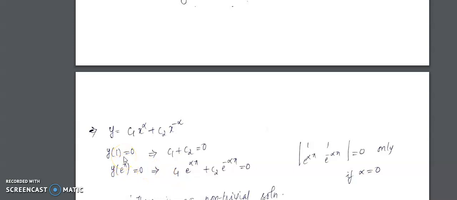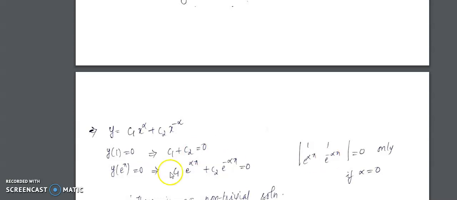y of 1 equal to 0: substituting x as 1, you will get c1 plus c2 equal to 0. And y of e^pi equal to 0 gives c1 e^(pi alpha) plus c2 e^(-pi alpha) equal to 0. Let us look whether it will have a non-trivial solution or not.